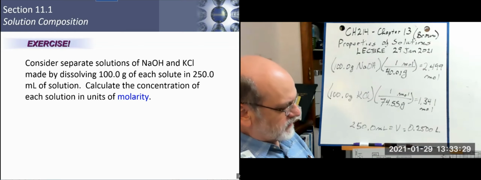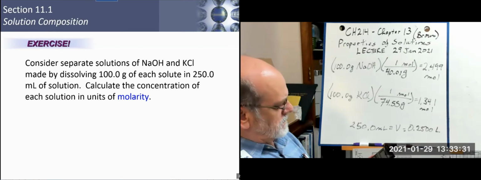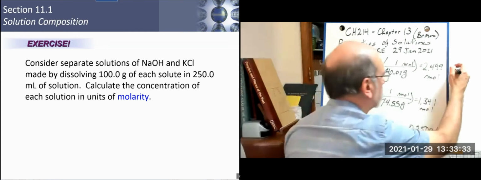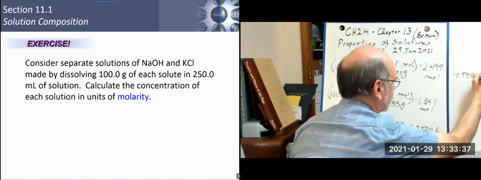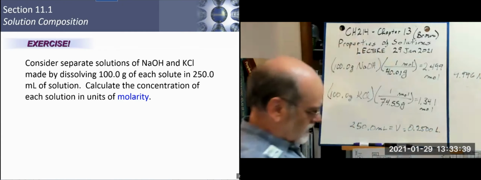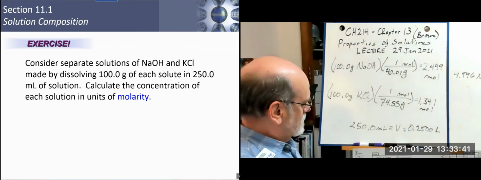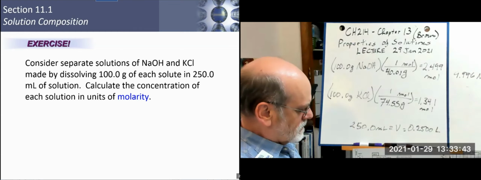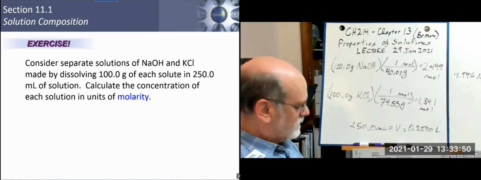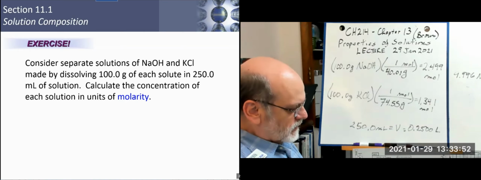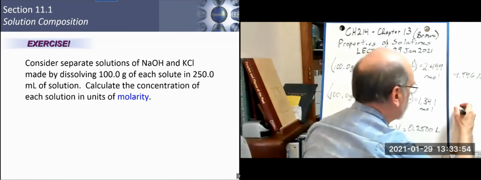So that's 9.996 molar. And the other one, 1.341, divide by 0.25. And that's 5.364.